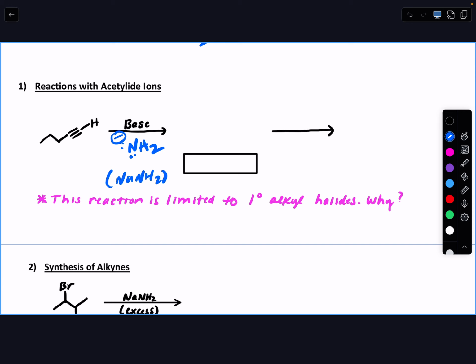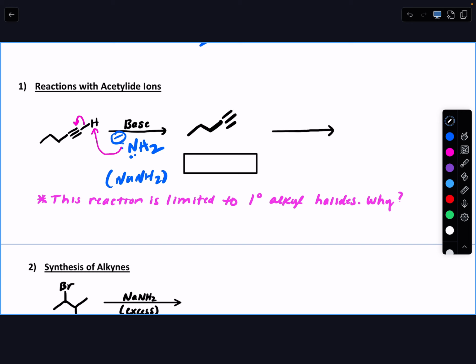When I have this base, the lone pair is going to come in. Always with an acid-base reaction, you're starting on a lone pair on the base, landing on a hydrogen. And now I'm going to break that carbon-hydrogen bond and land the electrons on carbon. We have not yet seen anything quite like that.